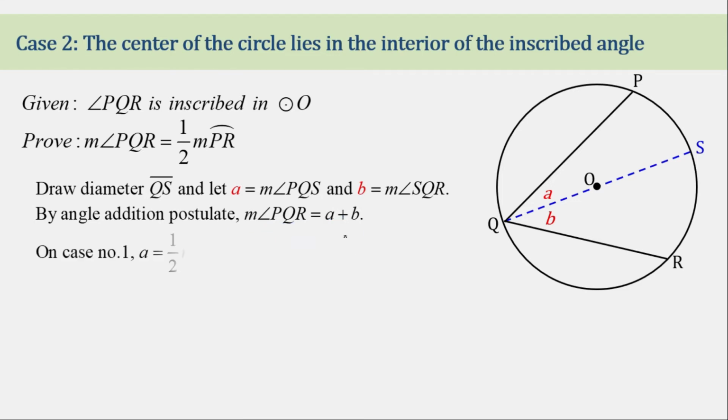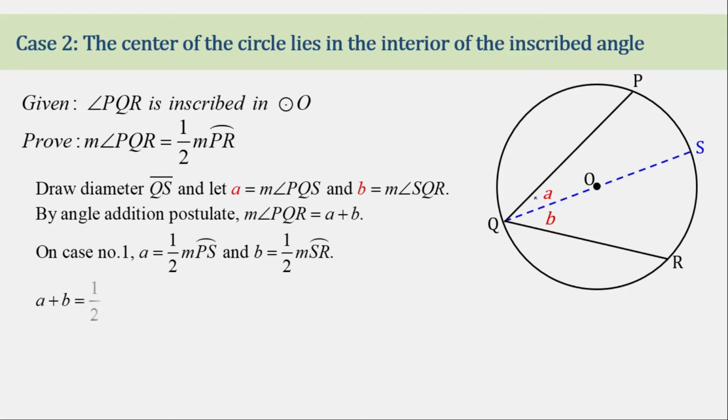On case number 1, a while ago, we proved that the measure of angle A is 1/2 the measure of PS. We already proved that because in case number 1, one side is the diameter. And also, the measurement of B is 1/2 of the intercepted arc. That's also case number 1, because again, one side is the diameter.